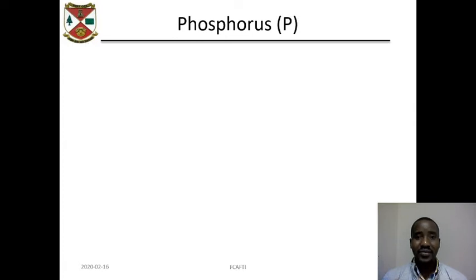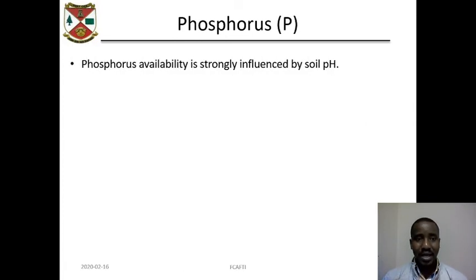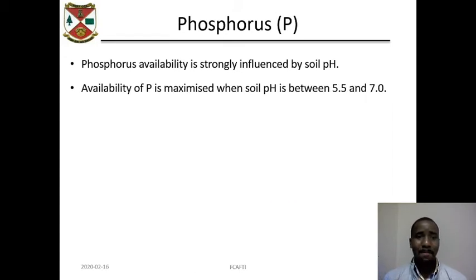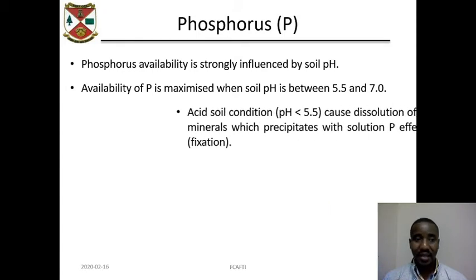Now let us look at phosphorus. Phosphorus availability is strongly influenced by soil pH, obviously, and availability of P is maximized when soil pH is between 5.5 and 7.